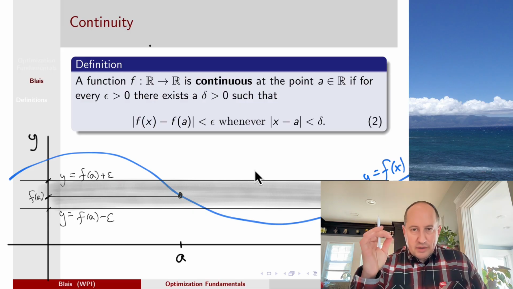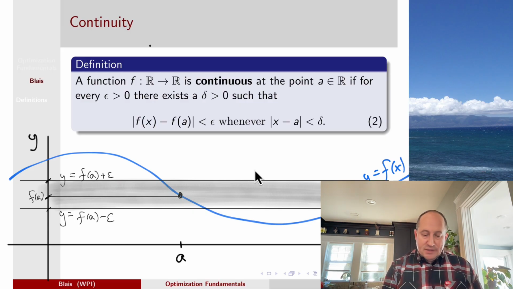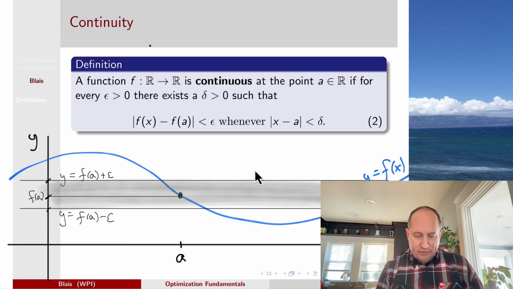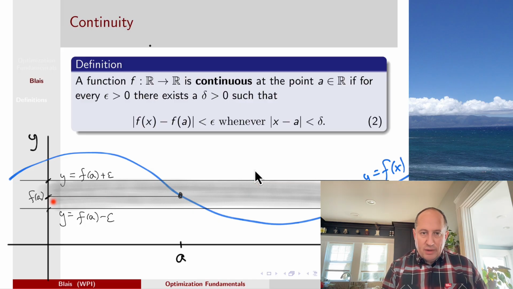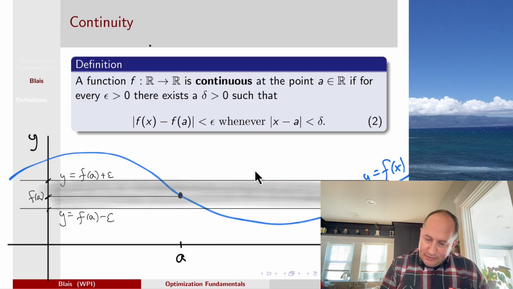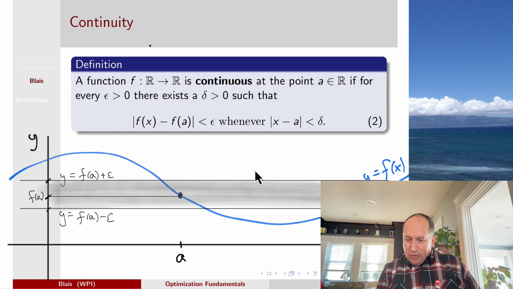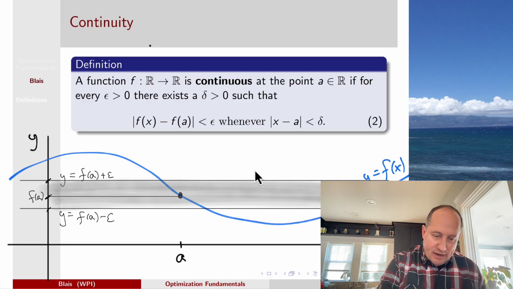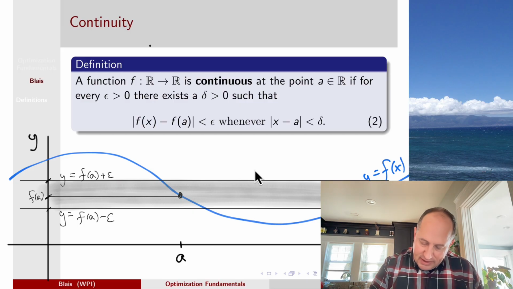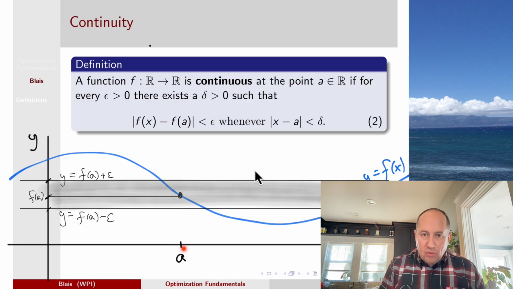The definition of continuity says the function is continuous if, when someone puts up this gray band, in other words, they're giving you this epsilon, we can find this delta greater than 0, such that we're inside the gray band whenever the absolute value of x minus a is less than delta. So think of this absolute value of x minus a as the distance down here on the x-axis between points x and this fixed value a.